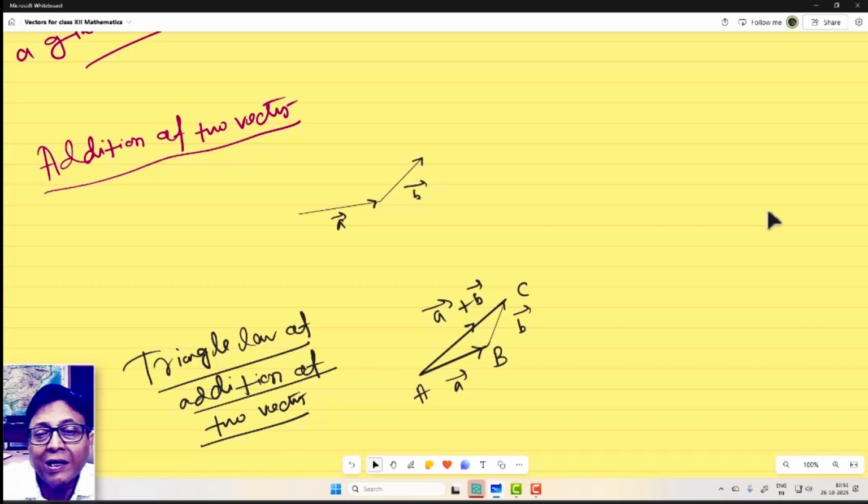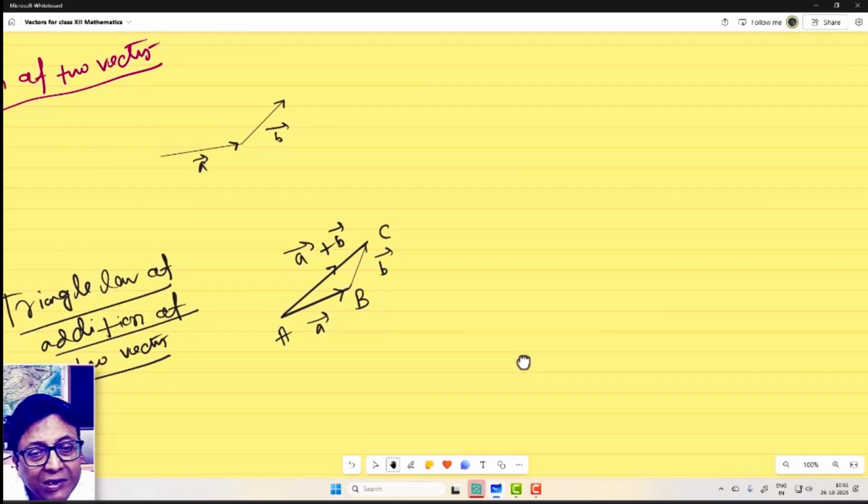If you learn the triangle law, then everything is done. So if you want to add two vectors A and B, then you take two vectors along two sides of a triangle. The third side taken in opposite order will represent the sum of the two vectors. What we say, this is the resultant of two vectors. Okay, this is the triangle law.